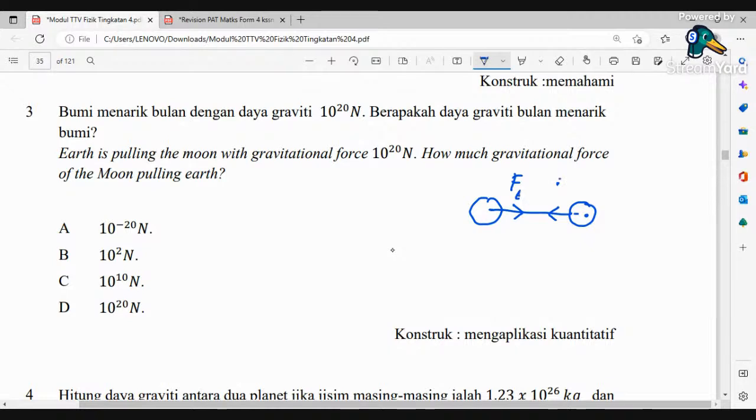Let's say Earth and Moon. The magnitude is the same, it is Gm1m2 divided by r squared. So the value should be the same.